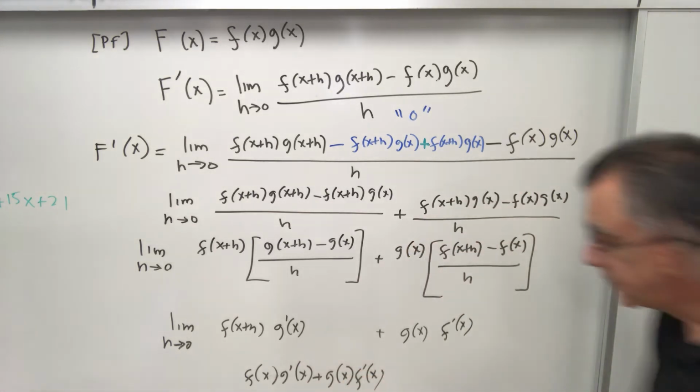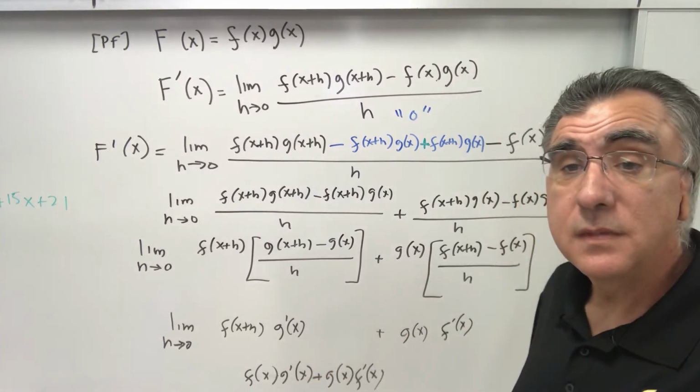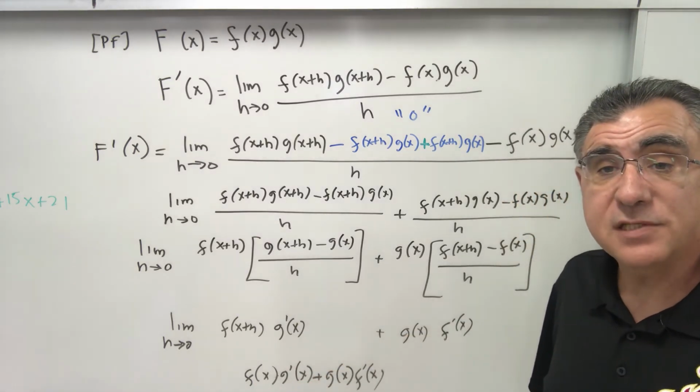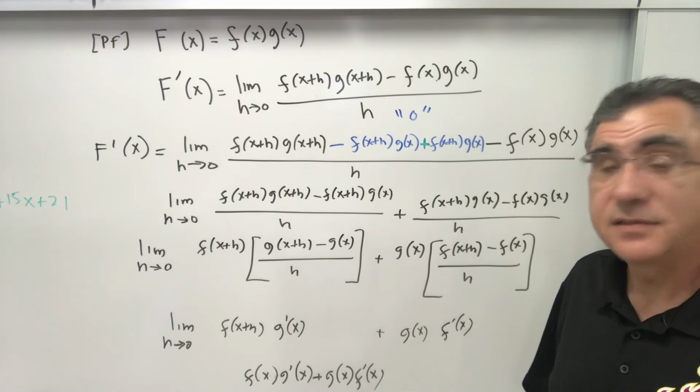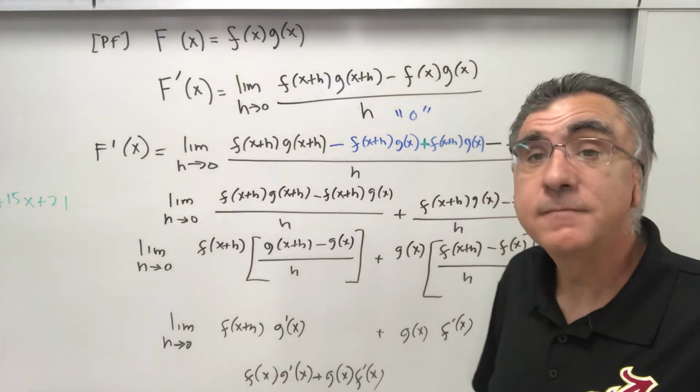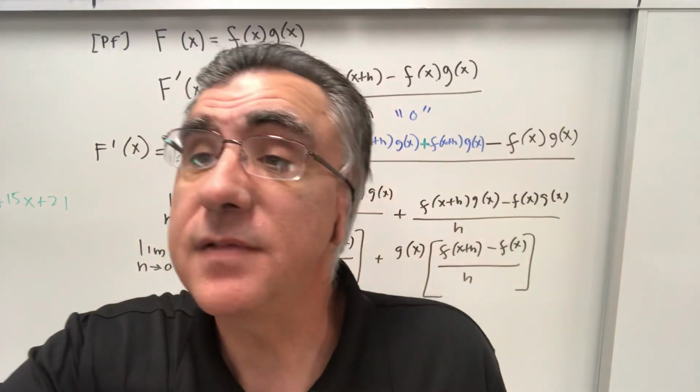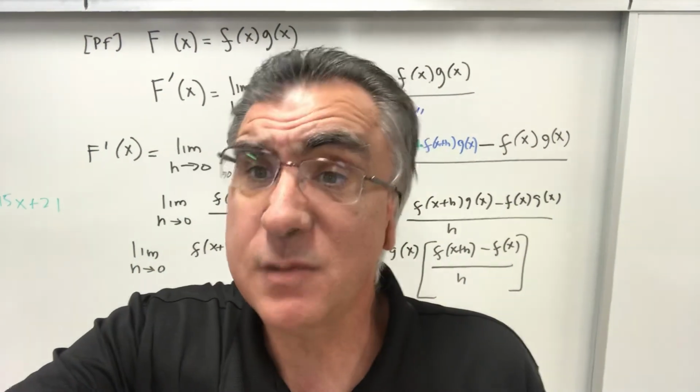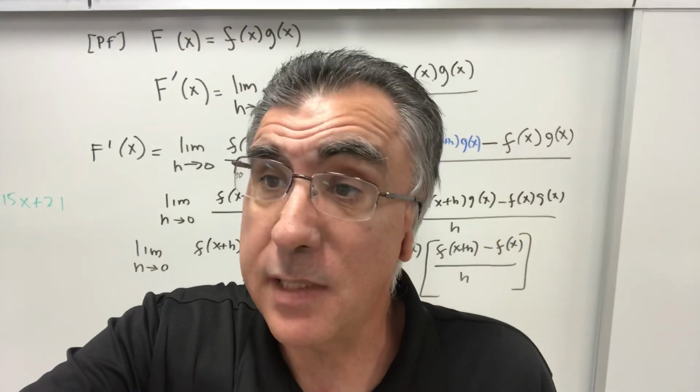Ta-da! f g prime plus g f prime, and we're done. There it is. Okay, that's it. That's the product rule, and then next is the quotient rule. The proof's a little more complicated, but along the same lines.